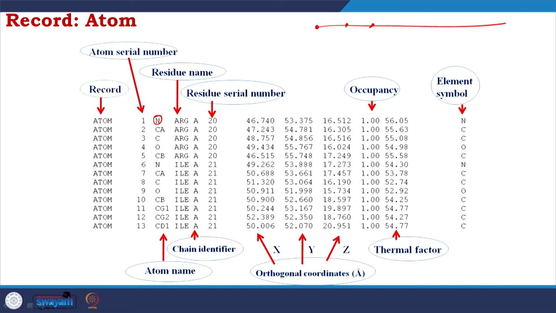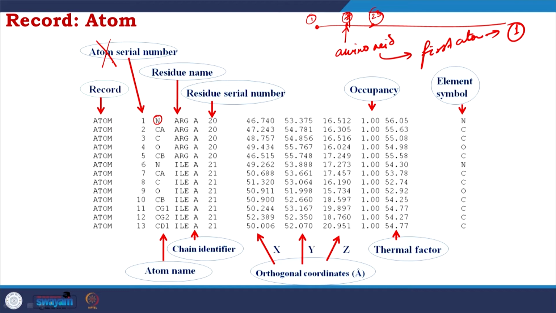Anywhere it starts, the first amino acid, its first atom has atom serial number 1, but when you come to residue serial number, for this it is 1, for this it is 2, like 7, for this it is 23, in that way. So, if you want to know whether the protein is fully crystallized or not, you cannot check the atom serial number, you have to check the residue serial number.